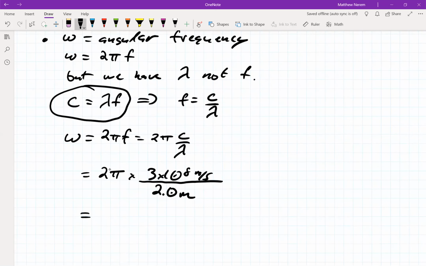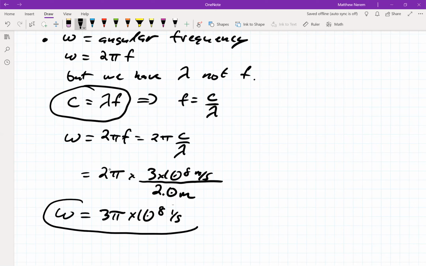There's a 2 here and a 2 here, cancels out. So omega is 3 pi times 10 to the 8th inverse seconds. If you want to be pedantic, this is technically a radian per second, but radian is a dimensionless quantity.